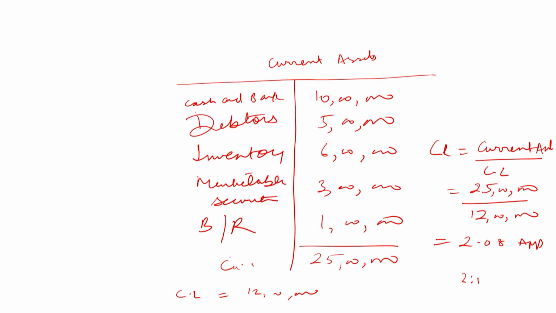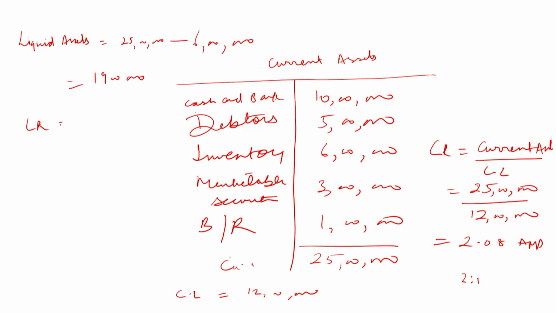Now, for liquid ratio, we know the formula is liquid assets divided by current liabilities, and liquid assets are current assets minus inventory. So, in this question, the liquid assets would be 25 lakh of current assets minus inventory of rupees 6 lakh, that comes to rupees 19 lakhs.